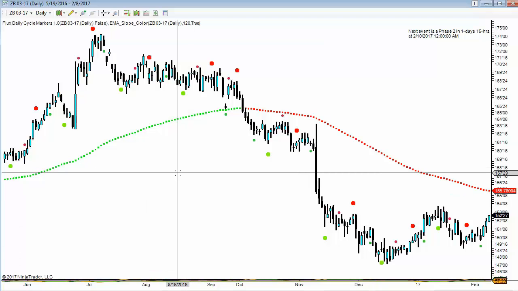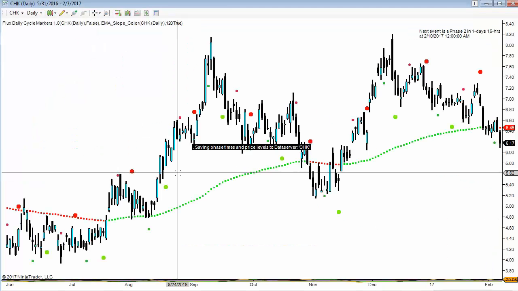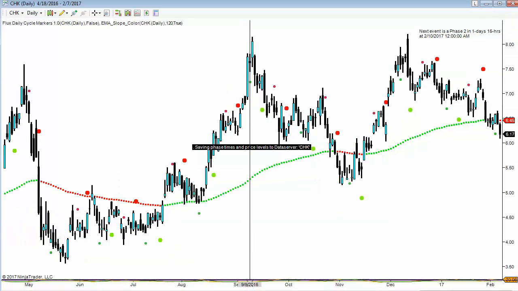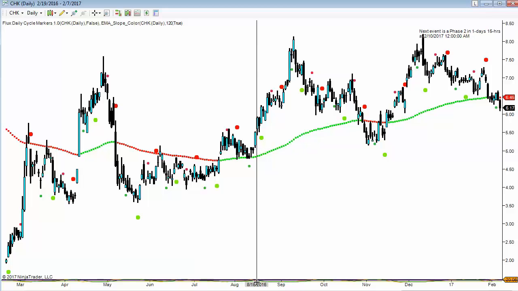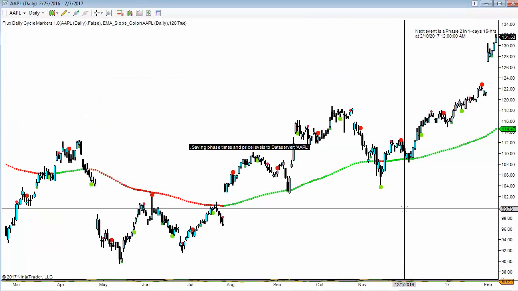It also works with stocks. This is a company called Chesapeake Energy. And we see that there's a very strong correlation between, again, those red peaks and those green bottoms. People tend to feel elated at the bottom of the cycle when their environmental conditions change. Then they start to go the other way.